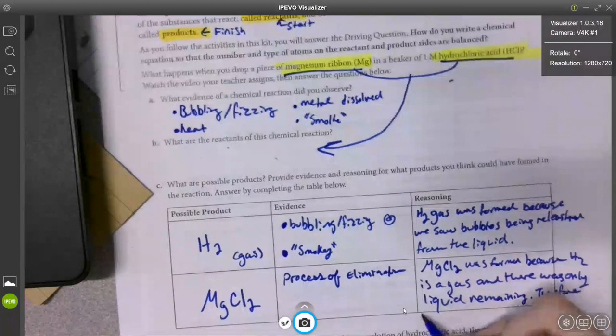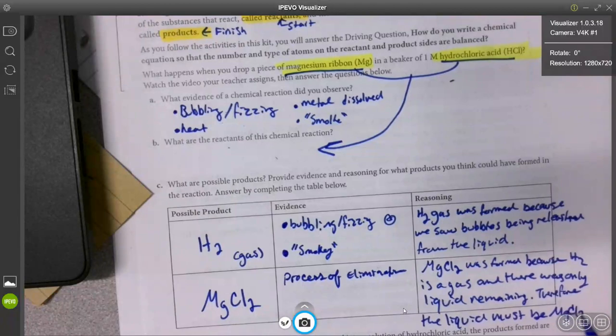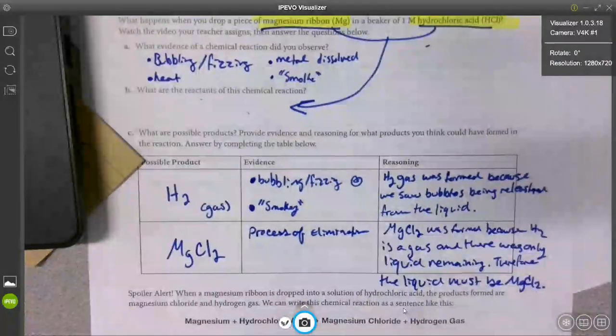Therefore, the liquid must be magnesium chloride. So we would only know this through the process of elimination.